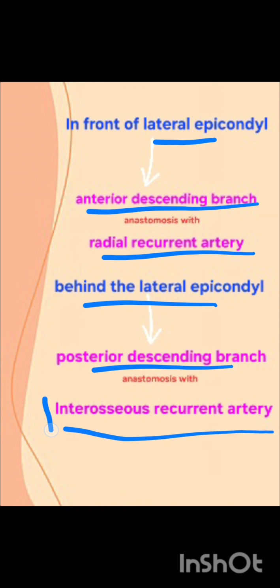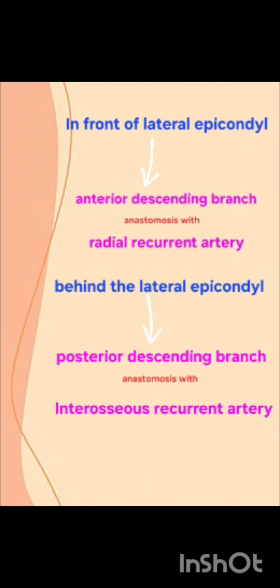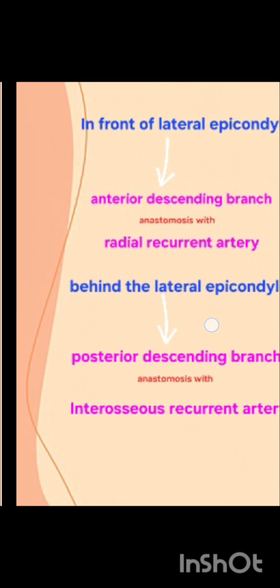So this interosseous recurrent artery is a branch of posterior interosseous artery. Posterior interosseous artery is a branch of common interosseous artery, which is a branch of ulnar artery. So these are the anastomosis taking place at the lateral epicondyle.